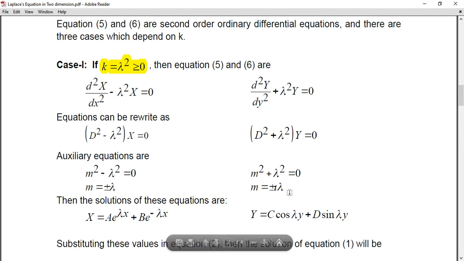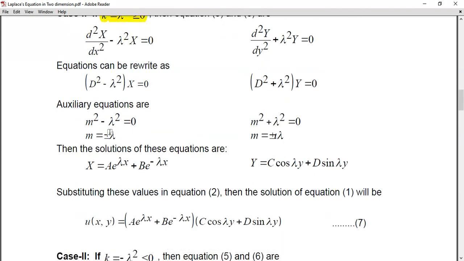Here roots are imaginary. When roots are real and distinct, the CF is X = a e^(λx) + b e^(−λx). Similarly, for imaginary roots, Y = c cos λy + d sin λy. These are the solutions of the second order differential equations.